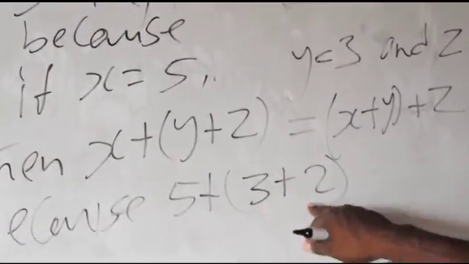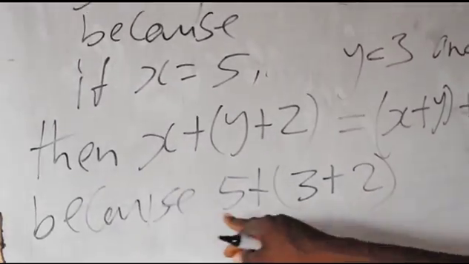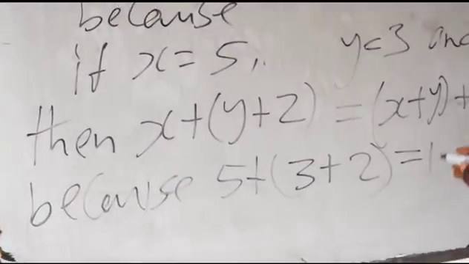So 3 plus 2 is 5, plus 5, that will give us 10.